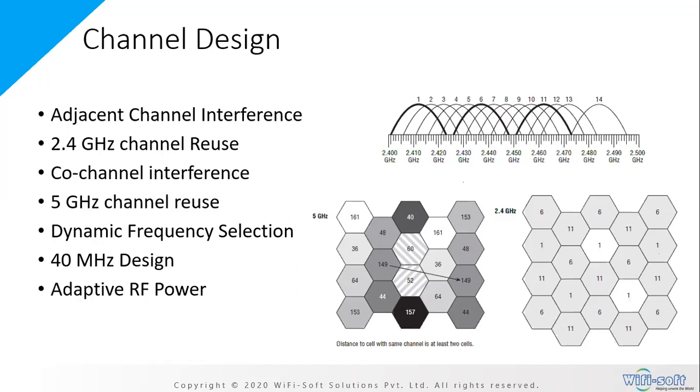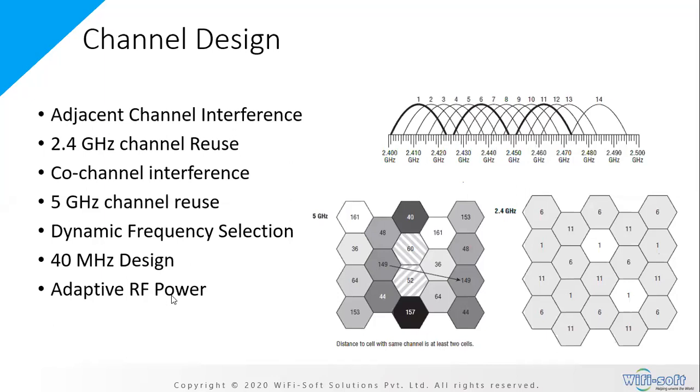Only if you can design your network correctly should you choose the 40 megahertz design. Otherwise you can stay with 5 gigahertz channel. You can easily design using the honeycomb on the left hand side, with this kind of channel structure, and adapt RF power.